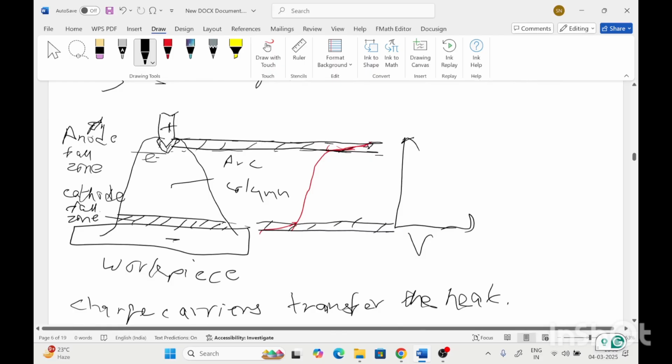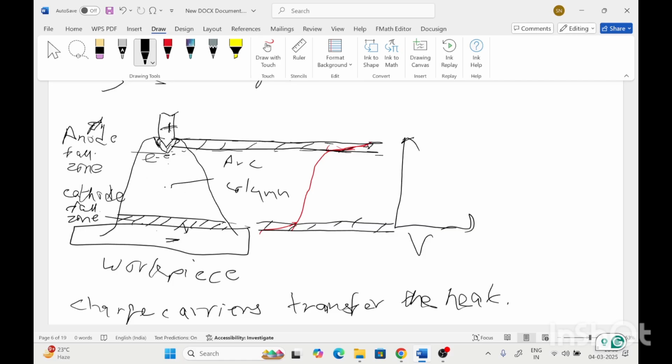This is the arc column. Here this is the positive electrode and this is the negative workpiece. In the previous lectures we studied that at the positive electrode, electrons accumulate, so this is called the anode pole region, and at the workpiece, positive ions accumulate, so this is known as the cathode pole zone.